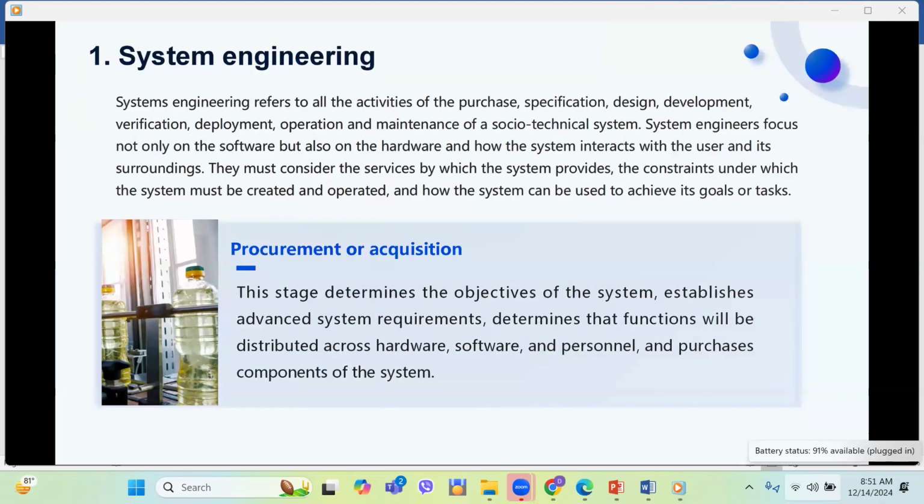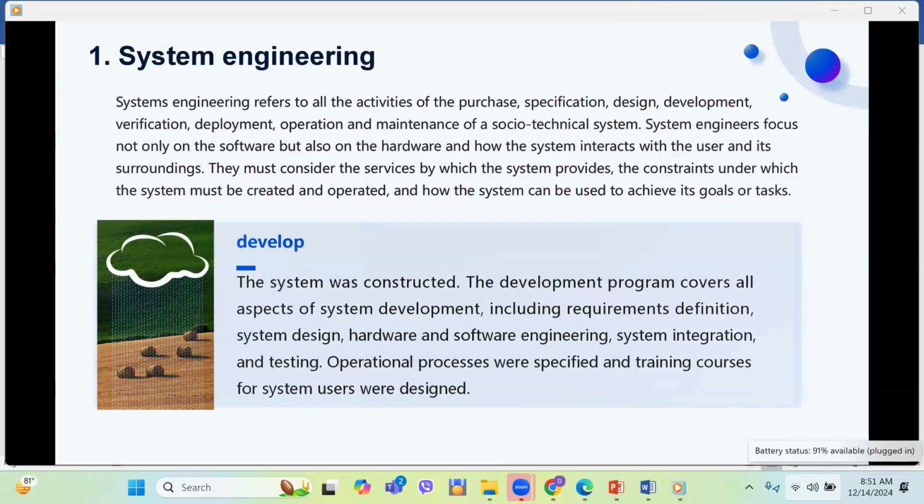Procurement or acquisition. This stage determines the objectives of the system, establishes high-level system requirements, determines how functions will be distributed across hardware, software, and personnel, and purchases components of the system. Development. The system is constructed. The development process covers all aspects of system development, including requirements definition, system design, hardware and software engineering, system integration and testing.